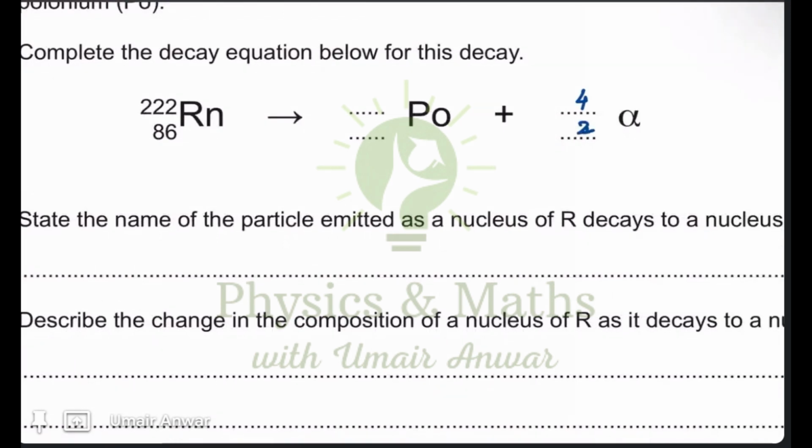For polonium, the proton number is going to decrease by 2, it would become 84, and the nucleon number is going to decrease by 4, so it would become 218. Now, the sum of nucleon numbers on the right hand side and on the left hand side should be equal. 222, 218 plus 4, 222. Similarly, proton numbers should be same, 86 and 84 plus 2, 86.